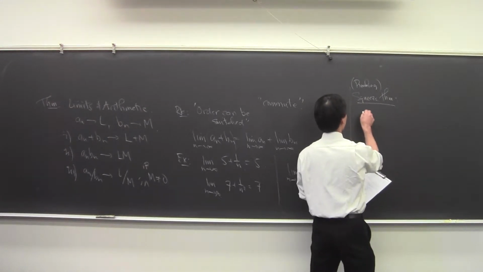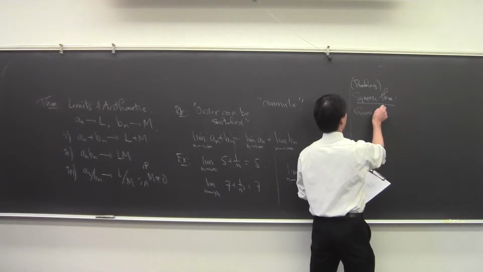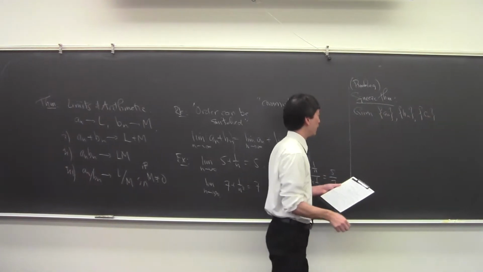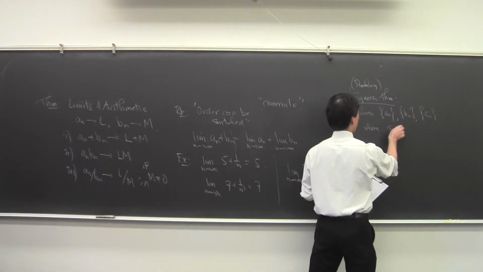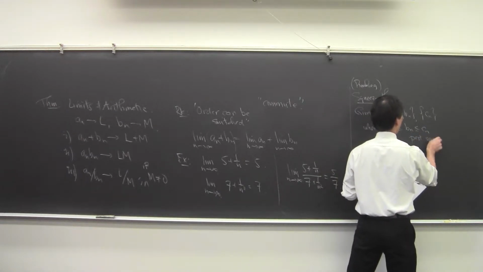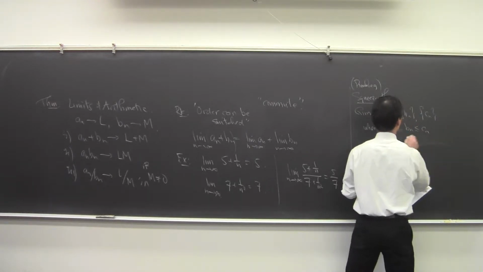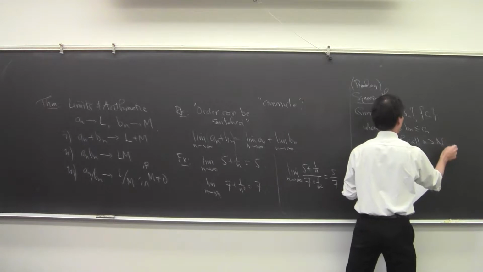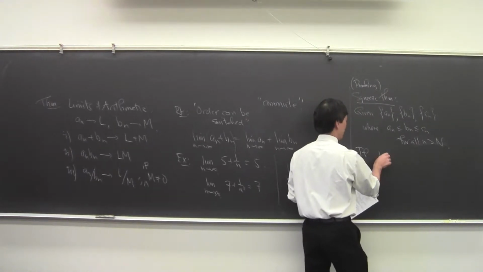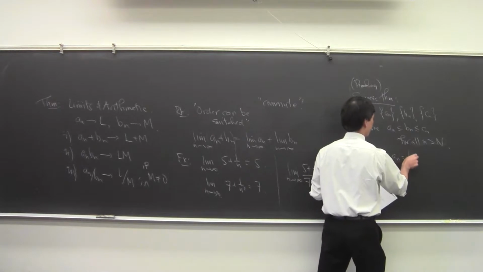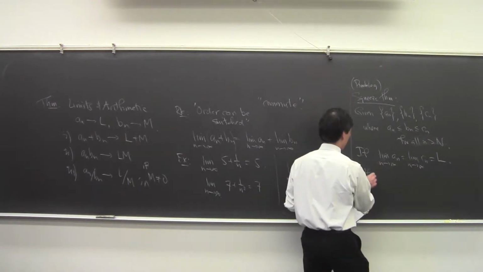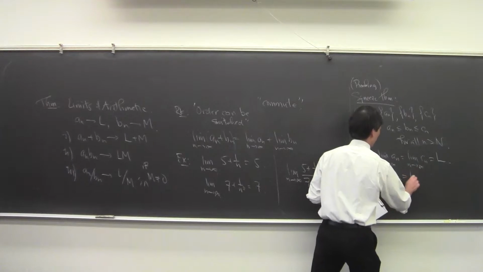It says that if you have three sequences, given sequences A sub n, B sub n, and C sub n, where A sub n is less than or equal to B sub n, is less than or equal to C sub n, for all n bigger than some capital N. If the limit of the lower guy equals the limit of the upper guy, then the one in the middle will converge.